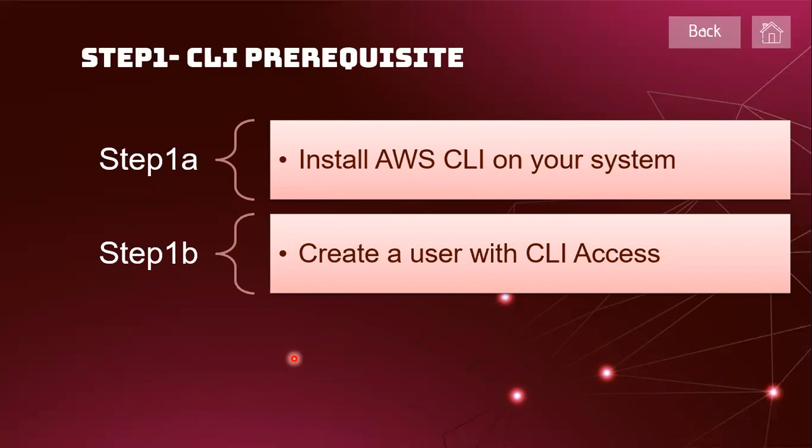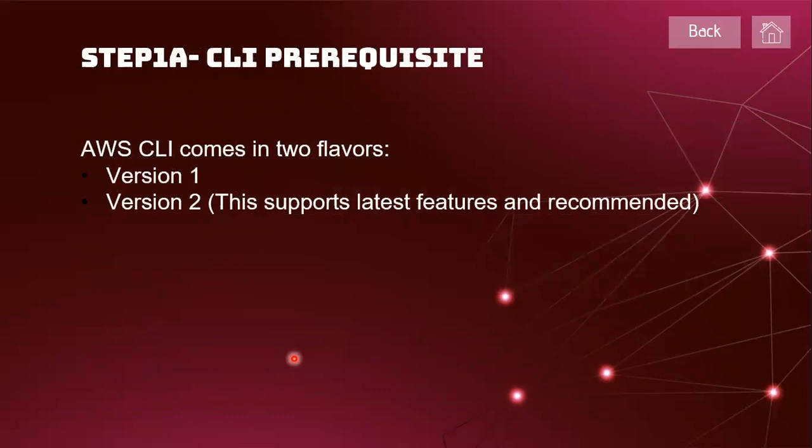So let's see how we can install this AWS CLI package. This CLI package comes in two flavors, version 1 and version 2. Version 2 is the latest and would be supporting the latest features of your AWS Cloud. So it is always recommended to install version 2.